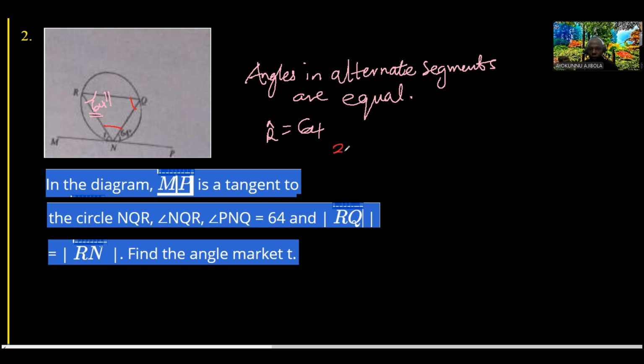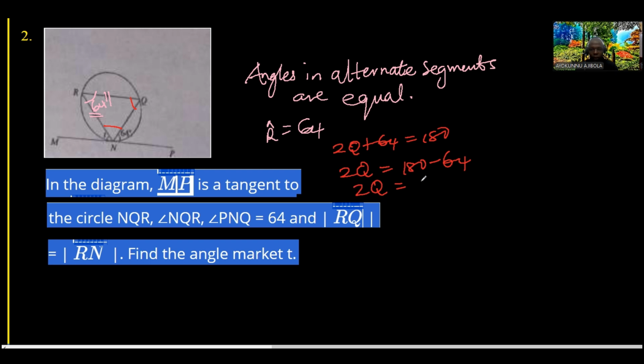So 2Q plus 64 equals 180. So 2Q equals 180 minus 64. What is 180 minus 64?